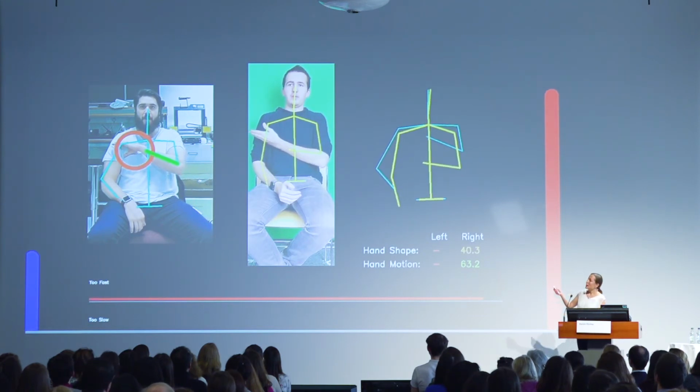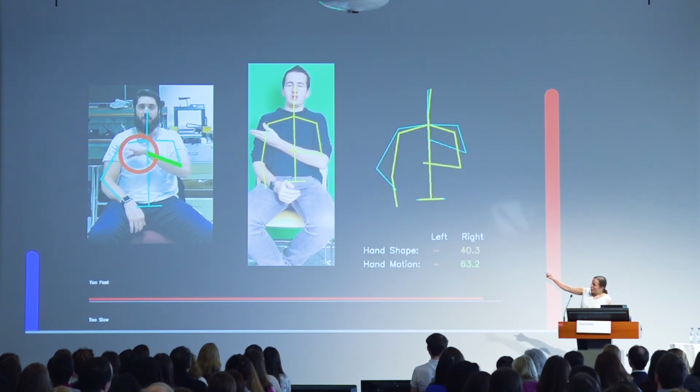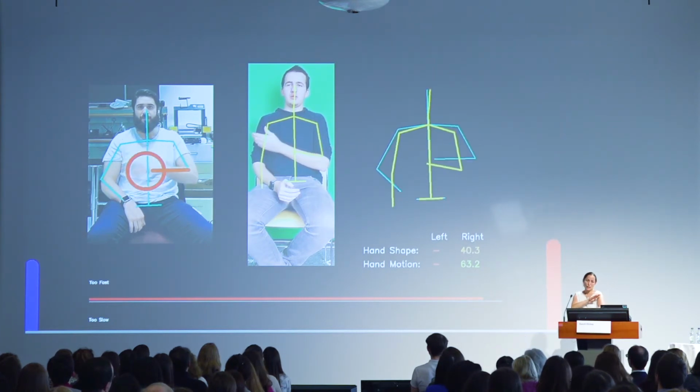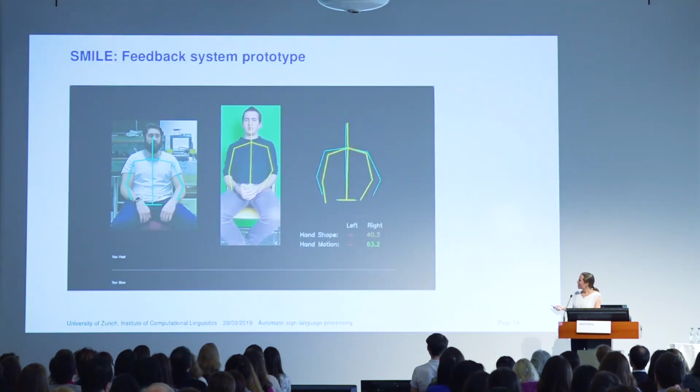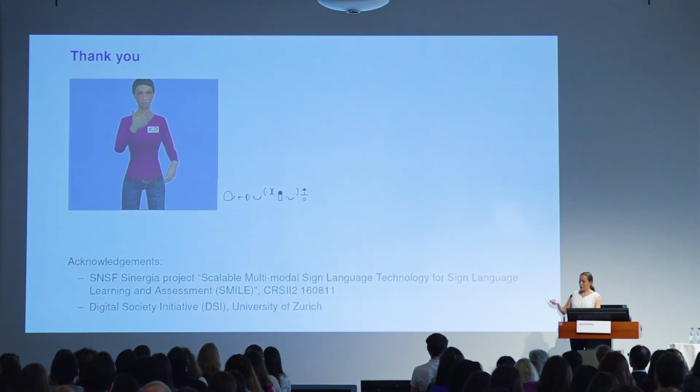As you can see, the system picks up on this by circling the hand position just as the hand touches the upper left arm of the signer, highlighting it using a red circle. So this indicates an error. These are the types of things that we're working on.